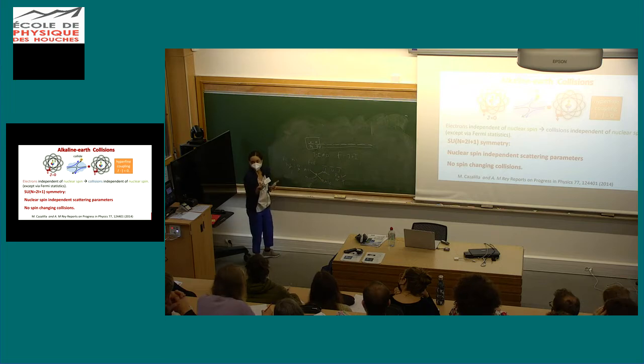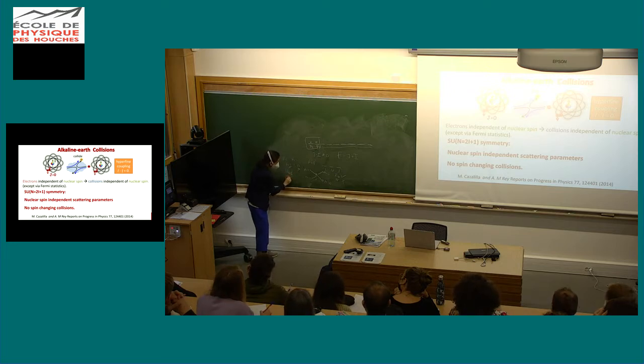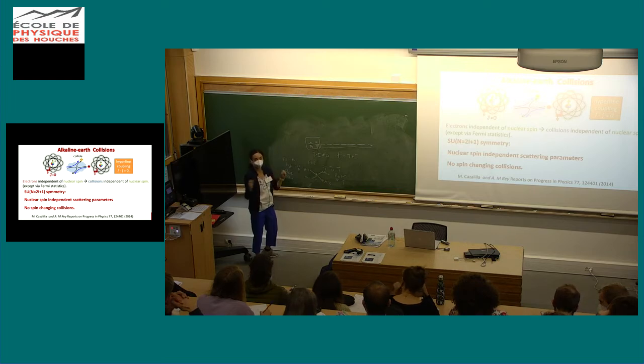And then you find, for example, for rubidium, a scattering length for F equal to 2, and something different for F equal to 0. In the case of strontium atoms, we have a single scattering length that describes the collision properties of the particles. Is that clear?